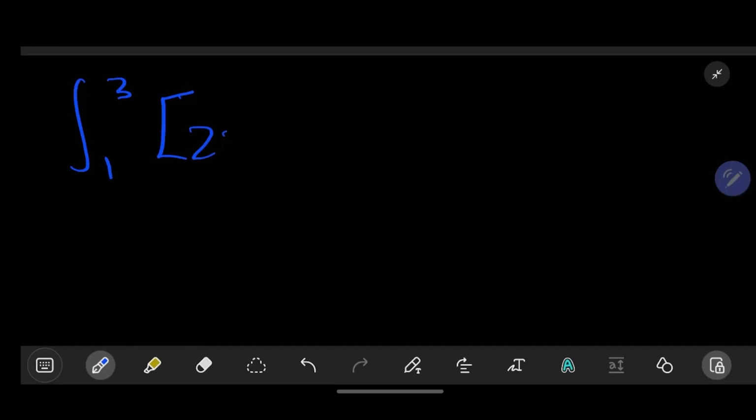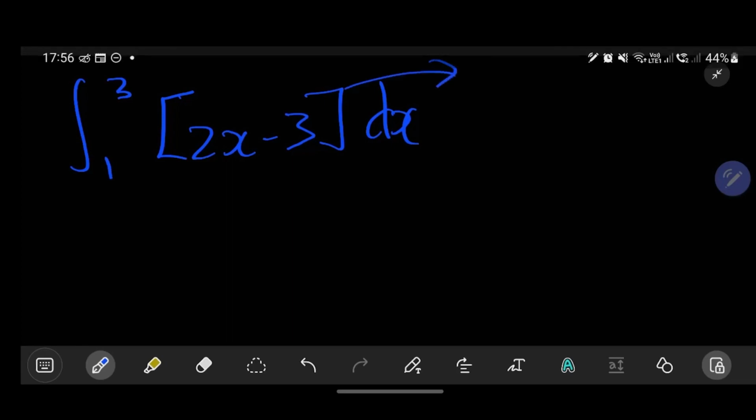Okay, let's look at another example. Let's find the integral from 1 to 3 of 2x minus 3 dx. Looking at our rules once again, this would be our sum and difference rule.